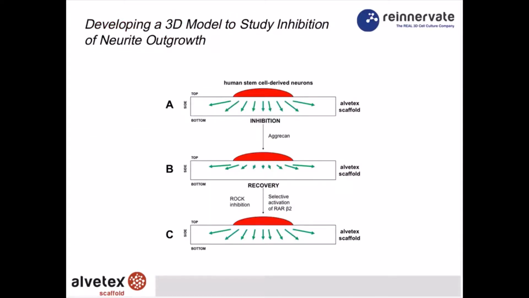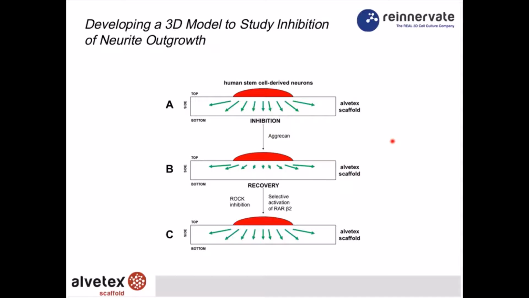So in the experiment, we can begin to study human stem cell derived neuritogenesis and understand the mechanisms by which those neurites respond to molecules expressed by reactive astrocytes.